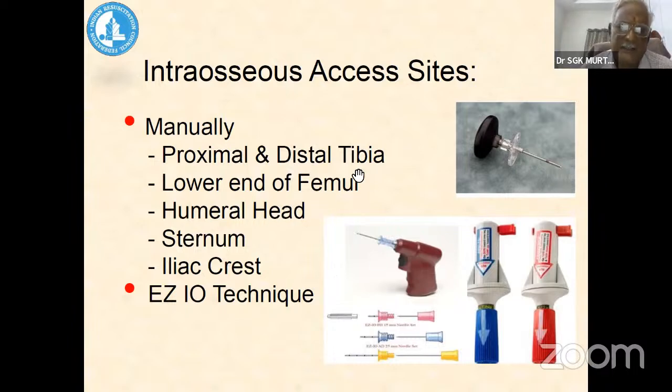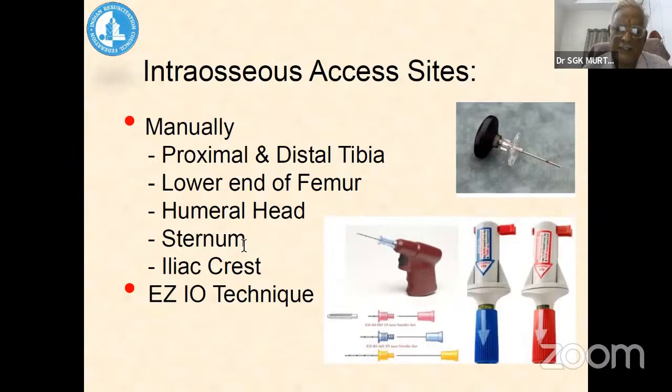The site can be the proximal end of the tibia, just 2 centimeters before the condyle of the tibia, and the lower end of the femur, about 2 centimeters above the condyle. The distal tibia also, about 2 centimeters above the medial malleolus, we can select.